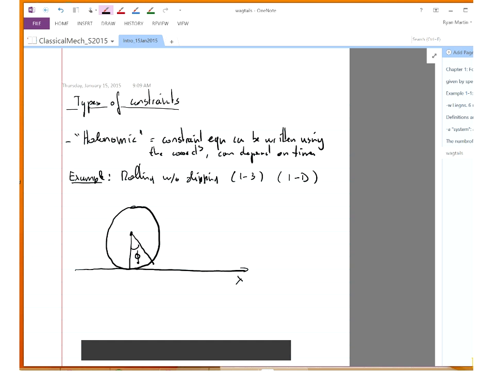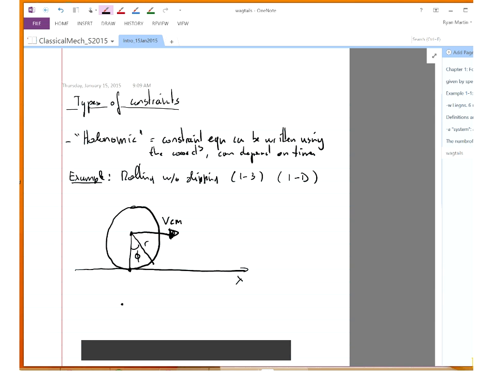So how do you write that formula? What is the actual constraint of rolling without slipping? Let's say this thing is moving with a velocity V_CM, and it has a radius that we'll call little r. The constraint of rolling without slipping is that the instantaneous velocity of the point of contact is 0.